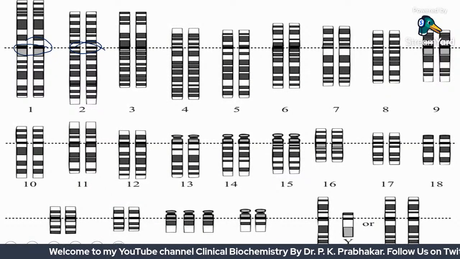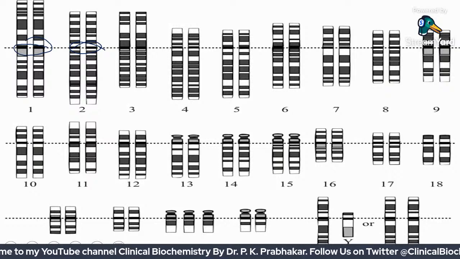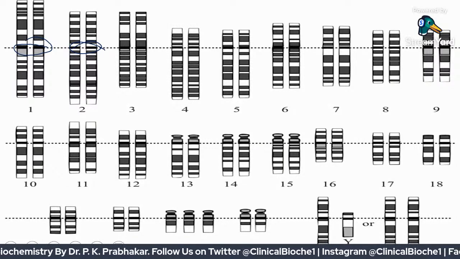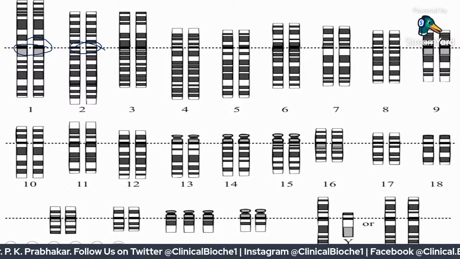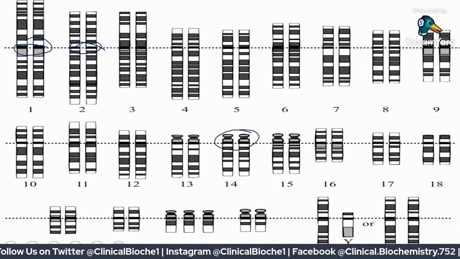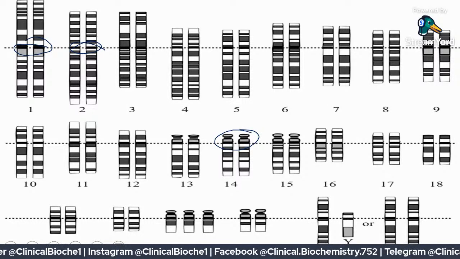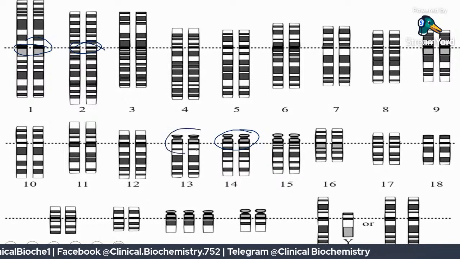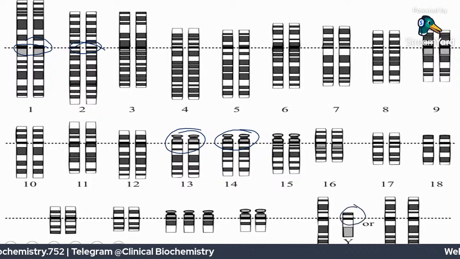It is slightly shifted to one side, so it is unequal division of the arms. So this is called submetacentric. Like in this case, you can see this is almost at the terminus places. In this case, it is almost at the terminal places.